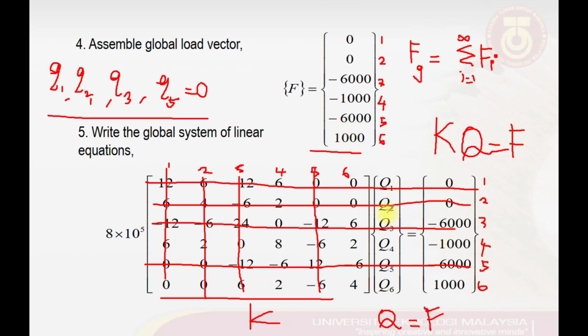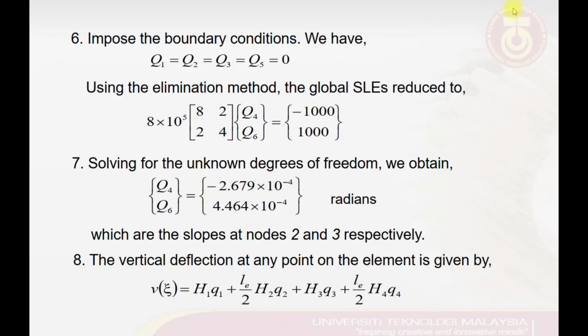By doing this approach, we can simplify our system of linear equations, which initially was a 6 by 6 square matrix. Now we have reduced it into a 2 by 2 matrix system.